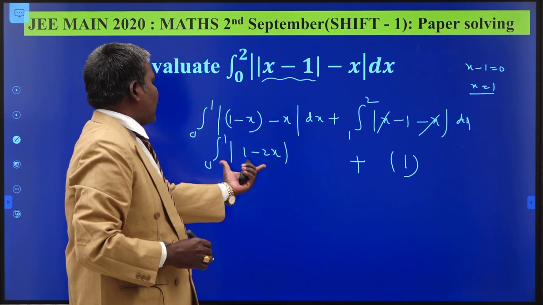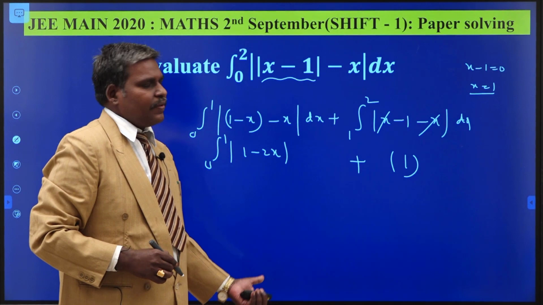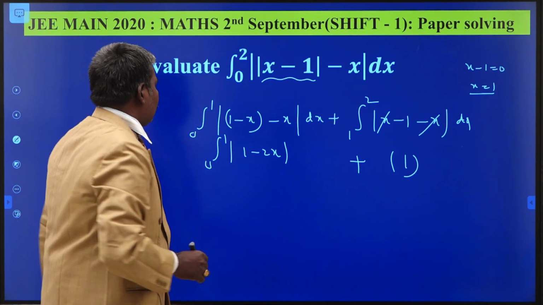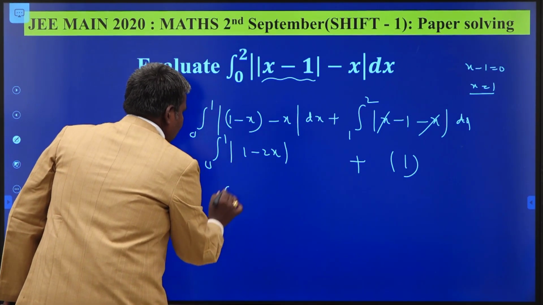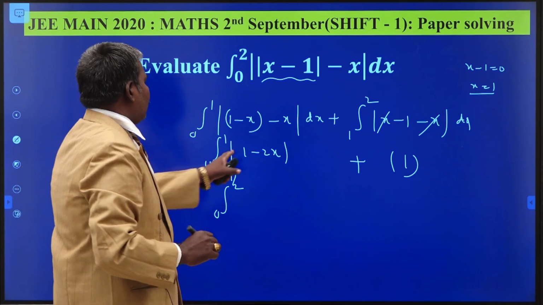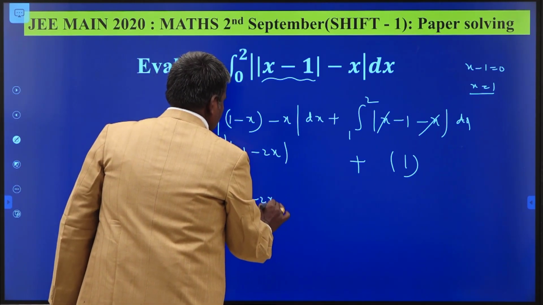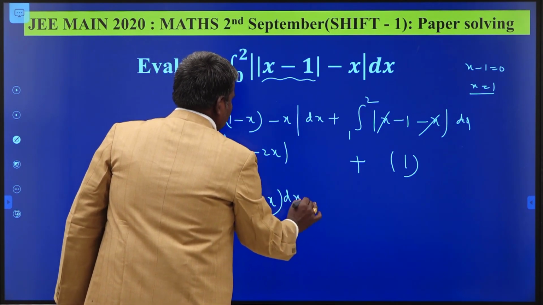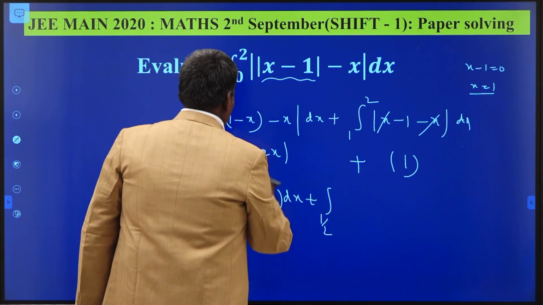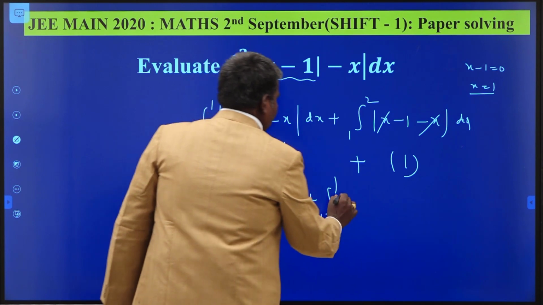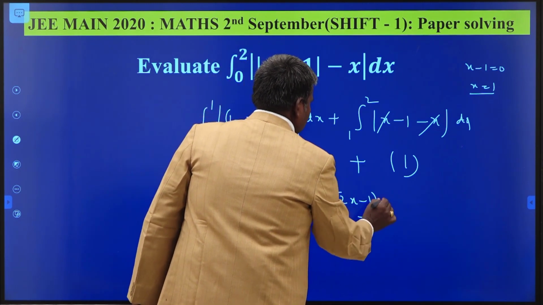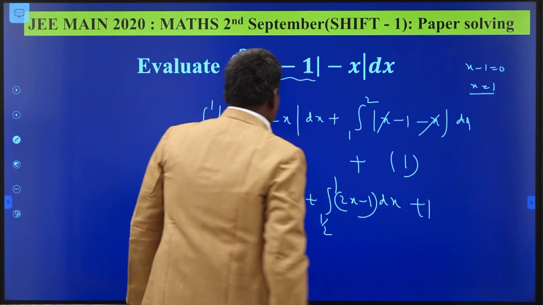Once you find this value, add that value. Again you have to break at 1 by 2. Integral 0 to 1 by 2, what about 1 minus 2x? It is positive. You take it as 1 minus 2x dx plus from 1 by 2 to 1, 2x minus 1 dx. Again you add plus 1.